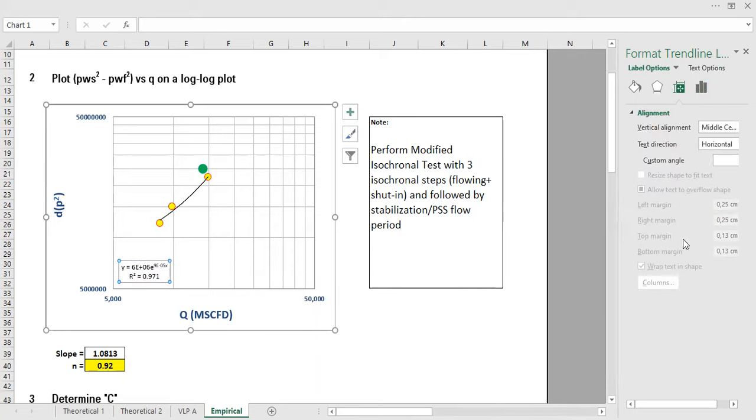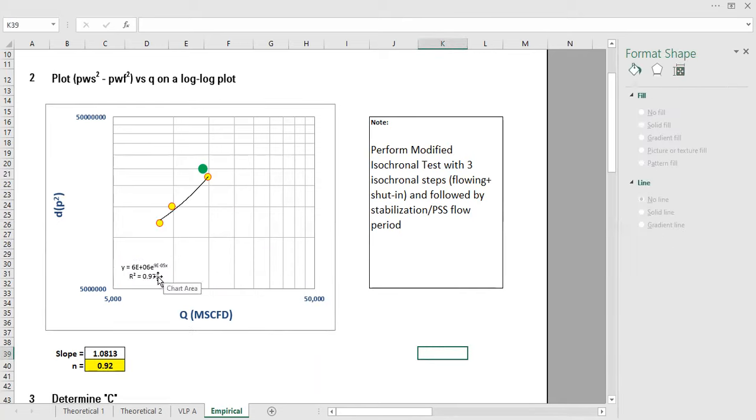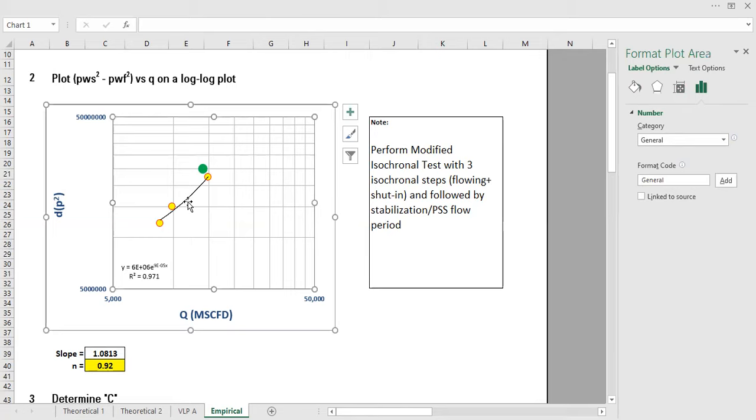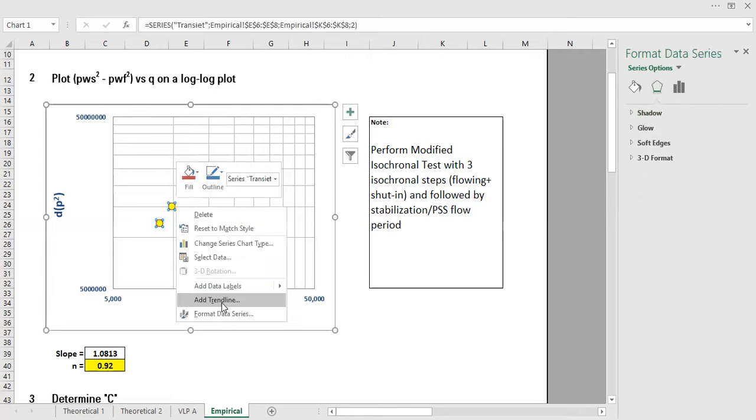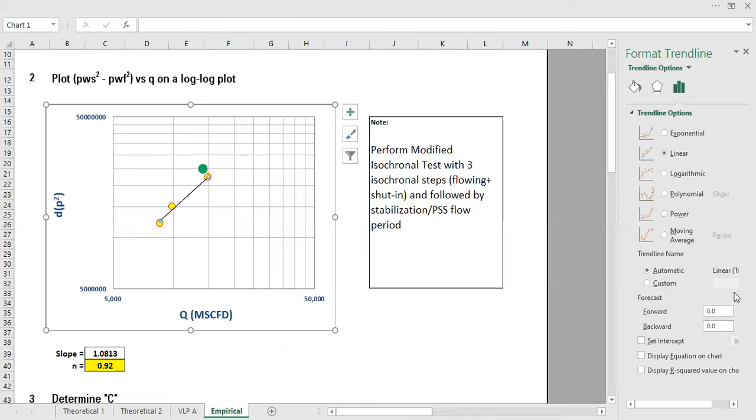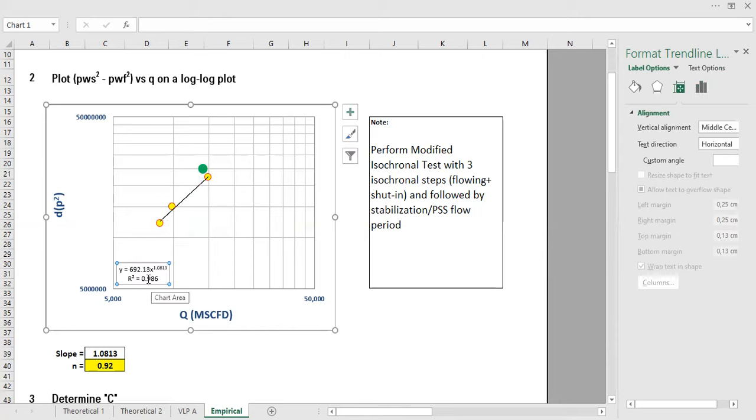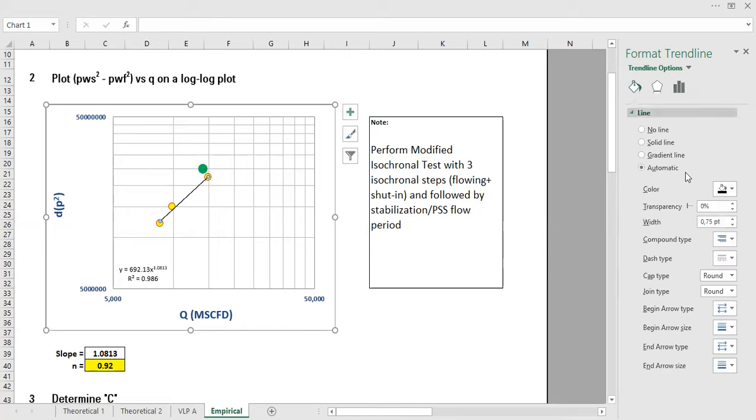All right, this one, not this one. Regression, right click, trend line, and then, yep, we use power.